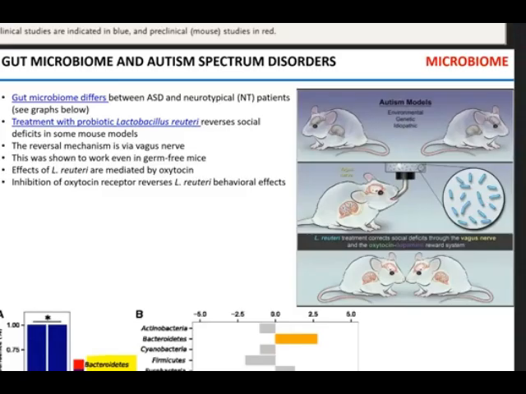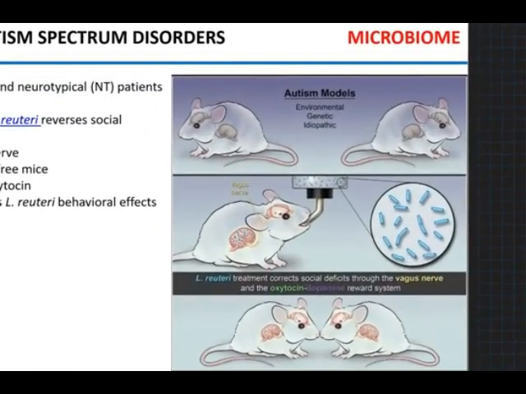Now, this is one of the most elegant studies that I have seen that establishes the gut-brain link. So, these scientists acquired several mouse models of autism. And I'm very adamant to say it's not mouse autism. It's a model. They exhibit autistic behaviors.